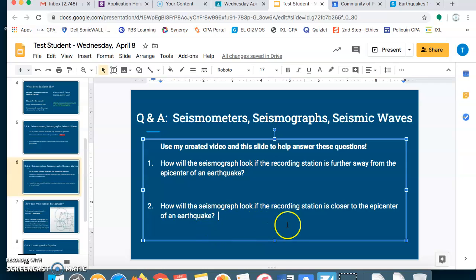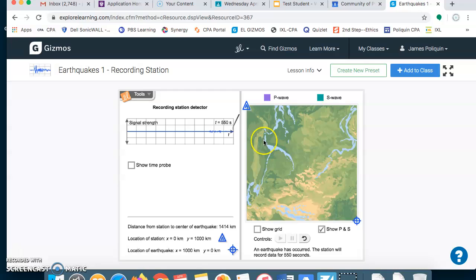Okay. Last one, number 2. How will the seismograph look if the recording station is closer to the epicenter of the earthquake? Well, let's compare. So let's move the epicenter of the earthquake and the recording station much closer together. Now they're only 90 kilometers apart.